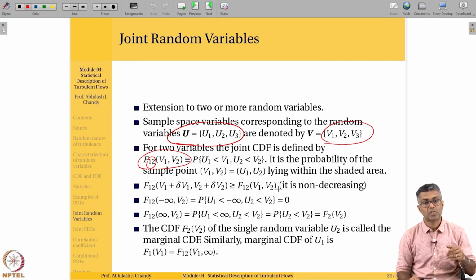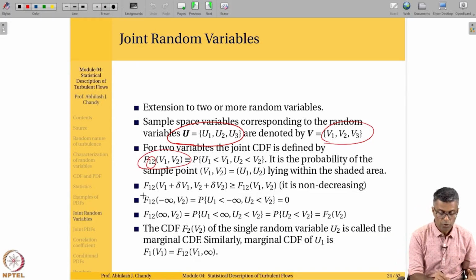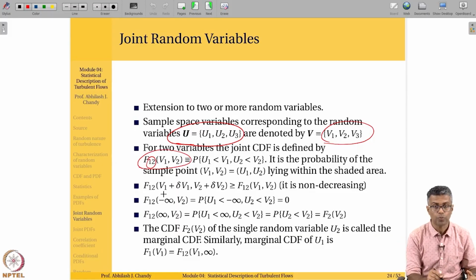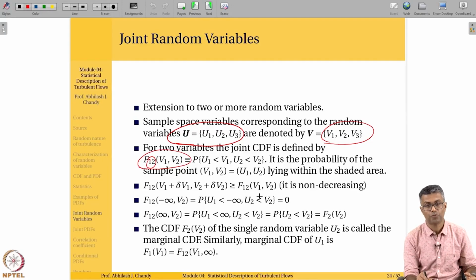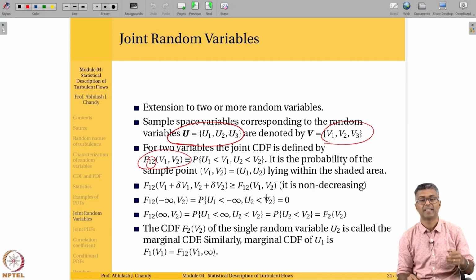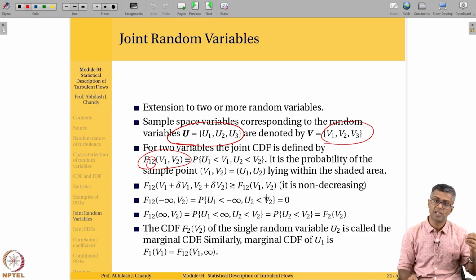So again, just like the CDF of a single random variable, this also has certain rules that it follows. F12 of V1 plus delta V1 and V2 plus delta V2 would be greater than F12 of V1, V2, indicating that it is non-decreasing. It is an increasing function. Just like the CDF of a single random variable is increasing, a joint CDF is also naturally going to be an increasing function.